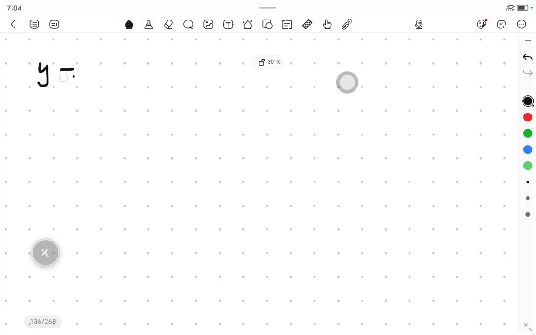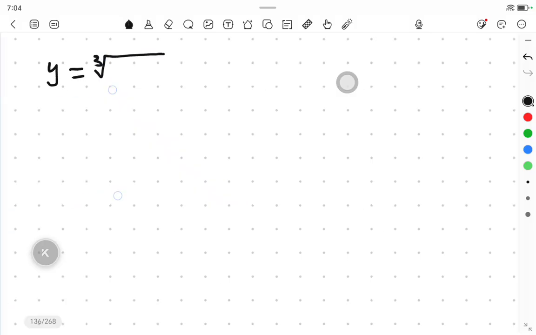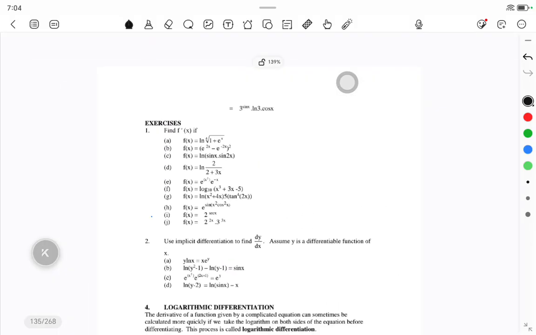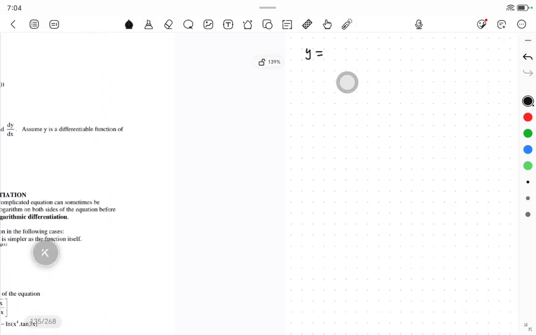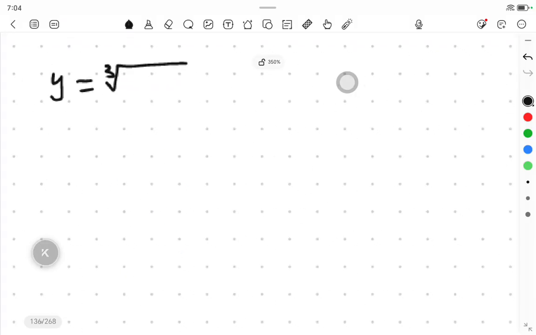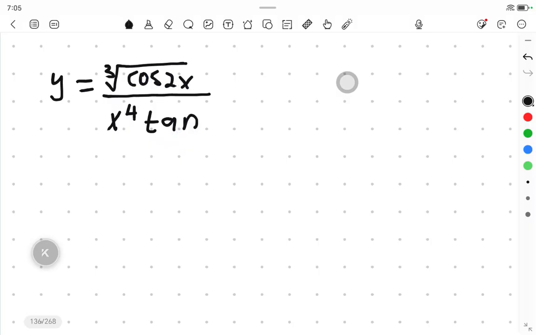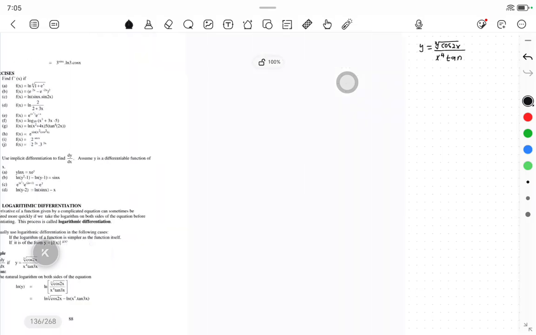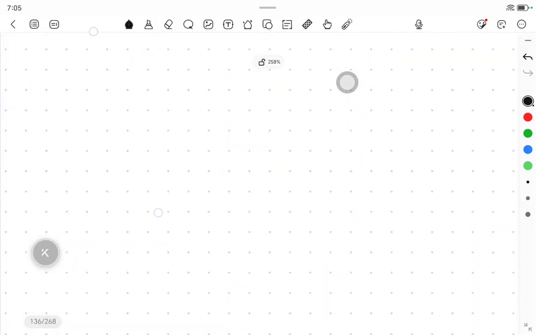The question is a cubic root of cos 2x over x to the 4. This is cos 2x, this is tan 3x.